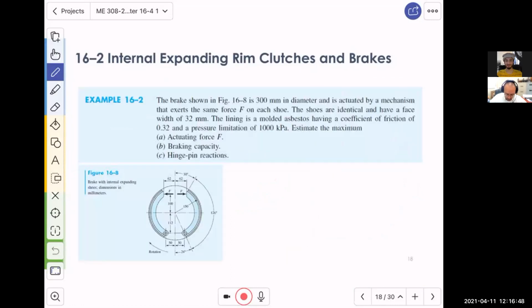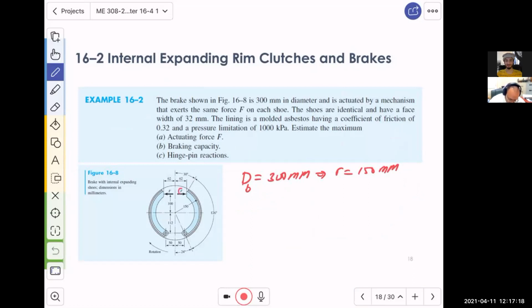Now let's move on to the problem. The problem, which will take most of the time today, has a brake shown in the figure. The drum has a diameter of 300 millimeter, which means that the radius is 150 millimeter, and it is being actuated by the same force.